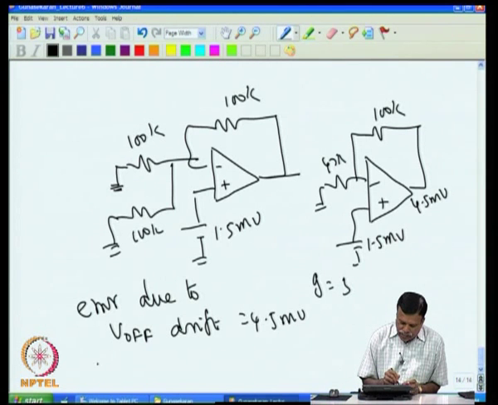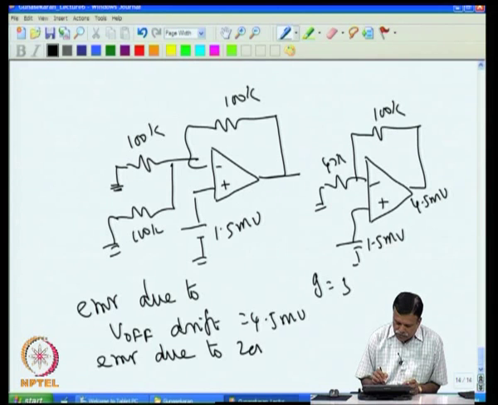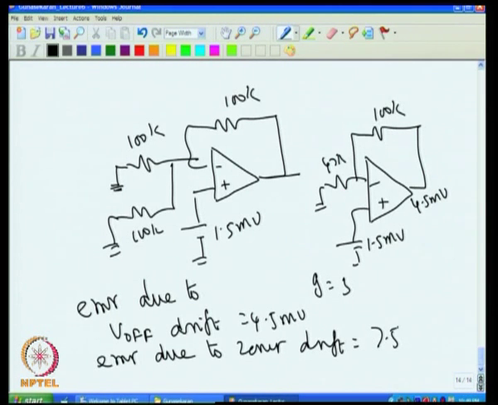We had seen the error earlier, error due to Zener drift, that was at the output equal to 7.5 millivolt. So, this corresponds to 0.45 degree C error at the output, and this corresponds to 0.75 degree error.